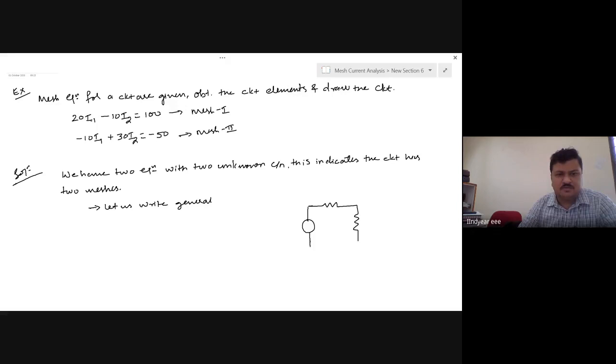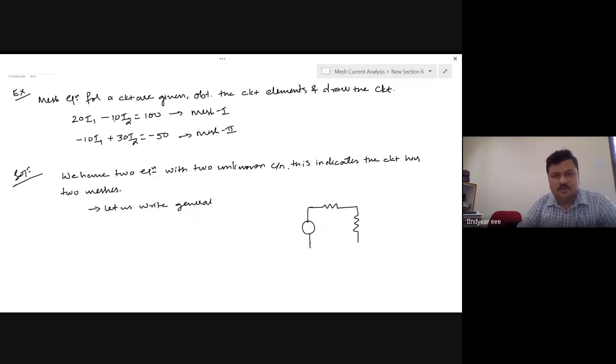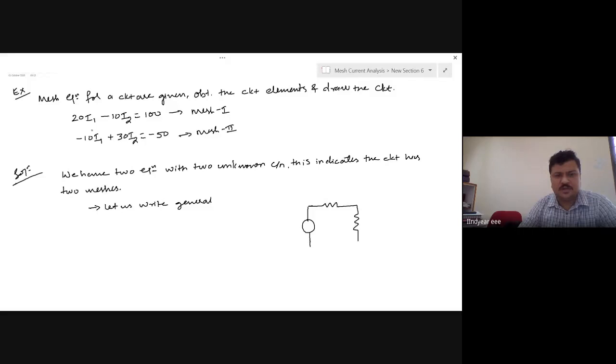If coefficient of I1 and coefficient of I2 would have been same, then I would have thought that there is no series passive element with the source. Because coefficient of I1 and coefficient of I2 are different, and coefficient of I1 is greater than coefficient of I2, it means that there is one more element through which current I1 is flowing. I told that coefficients of these equations are nothing but the resistors or the passive elements.